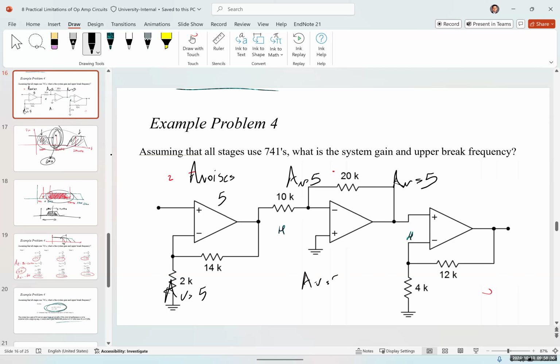All of them are non-inverting op-amps, exactly the same, all three using LM741s. And the cutoff frequency for all of them is, let's say, 250 kilohertz, 250 kilohertz, and 250 kilohertz.